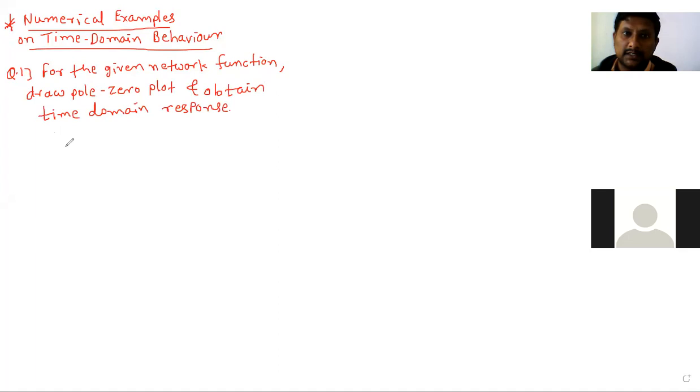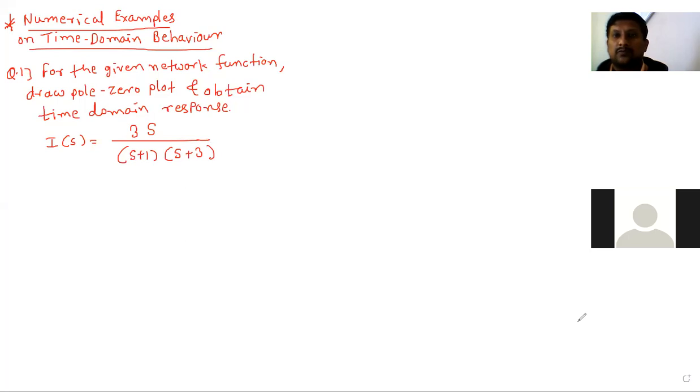I of s is equal to 3s divided by (s plus 1) into (s plus 3). So this is the question.